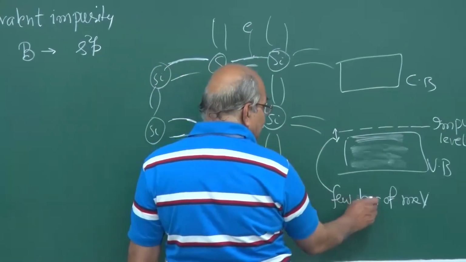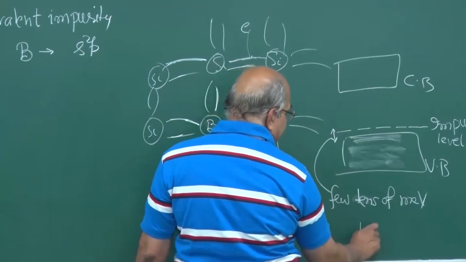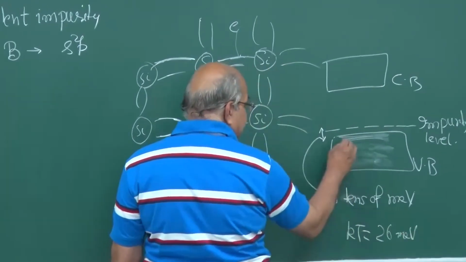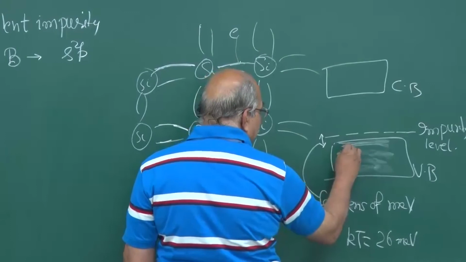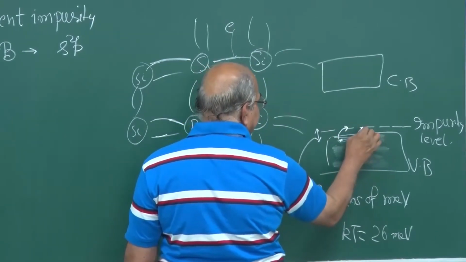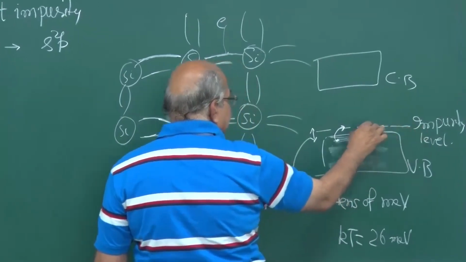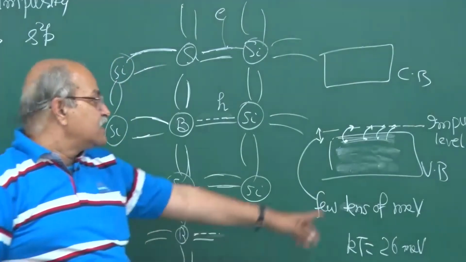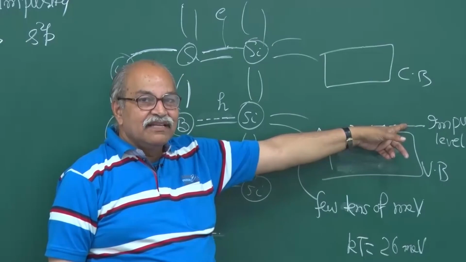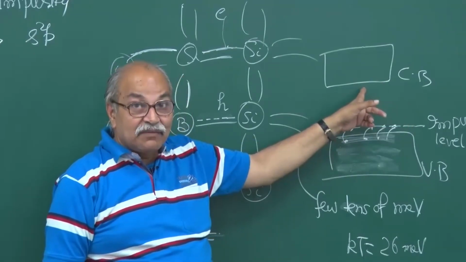And since this is only a few tens of meV and kT is 26 meV, very easily through thermal interactions, these valence electrons will fill these empty states. There are many quantum states, although the energy is the same, and it's not broadened either. It's quite a sharp energy level here. In n-type also there was a sharp energy level. Why sharp?